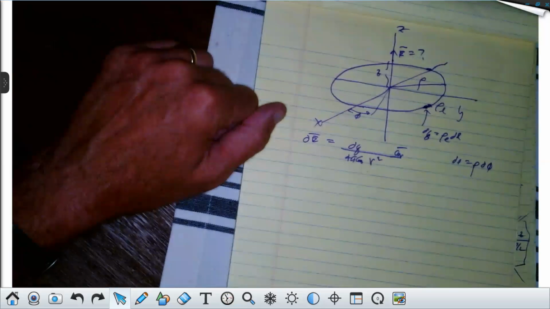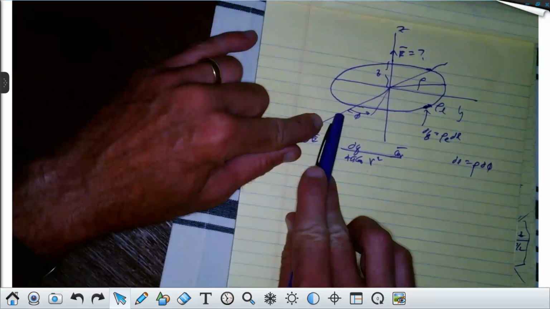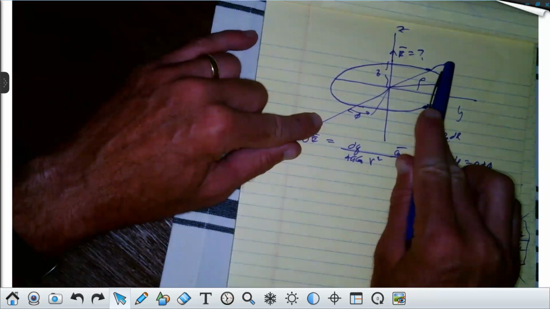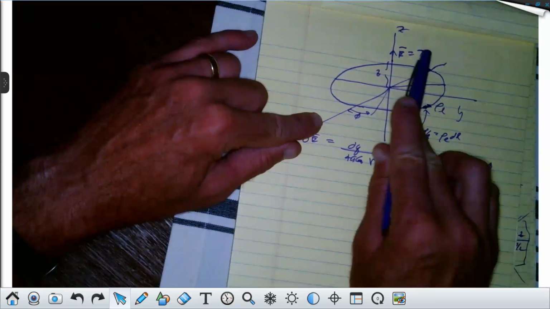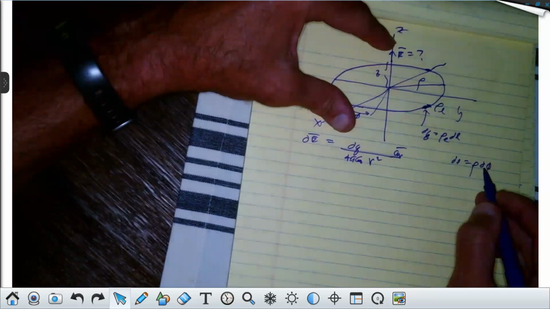Well, you all know that the angle phi can have a value from 0, where it's right on the x-axis, to 180, where it's on the negative x-axis, all the way back to 0 again. So it can go from 0 to 360 degrees or 0 to 2 pi. Everybody got that? That's the variability in phi. Every time you go beyond 2 pi, you're just wrapping it back over where it was before. So it's no value.